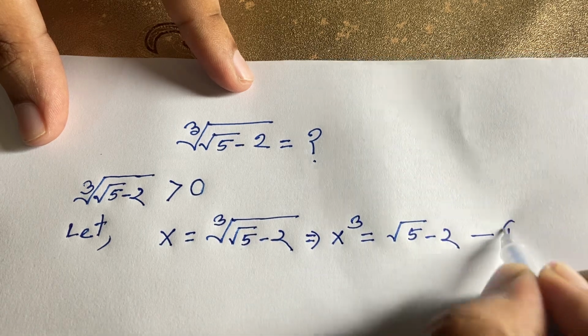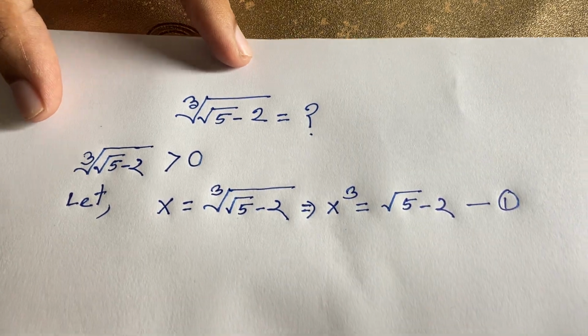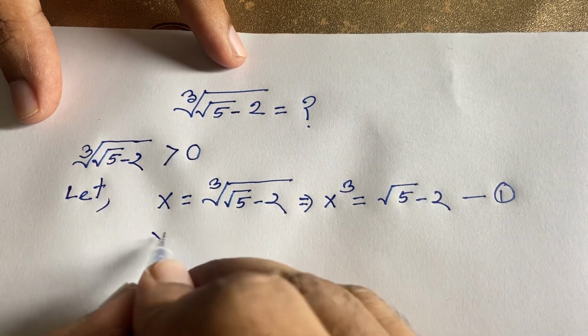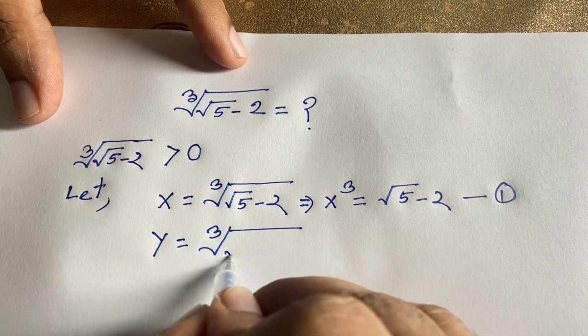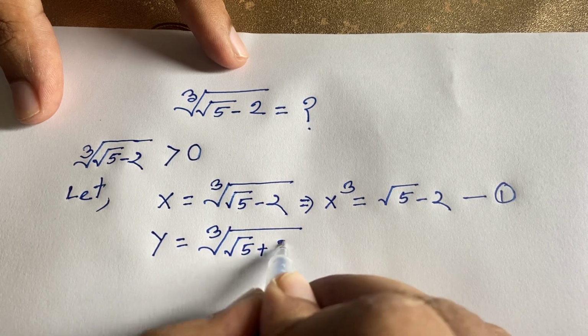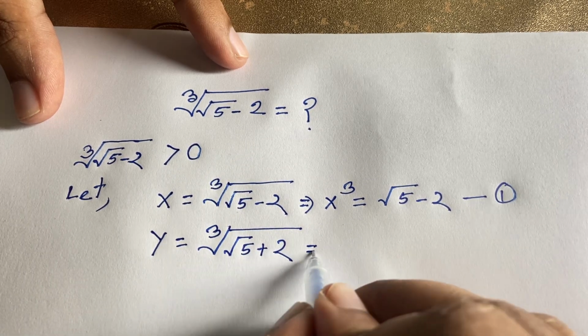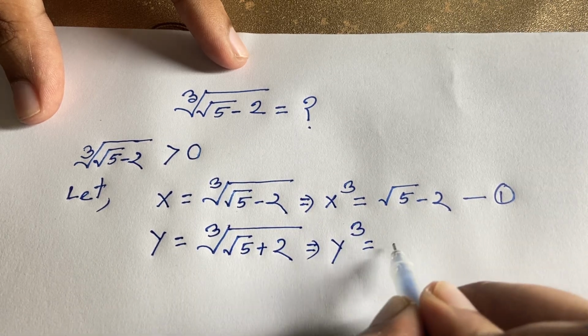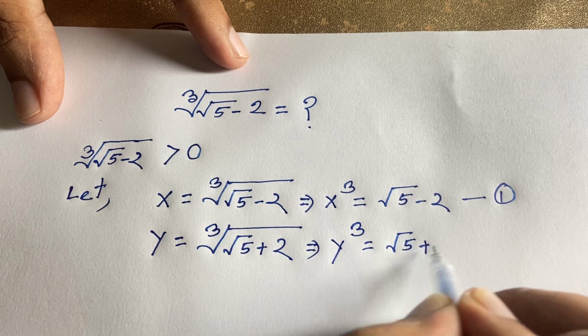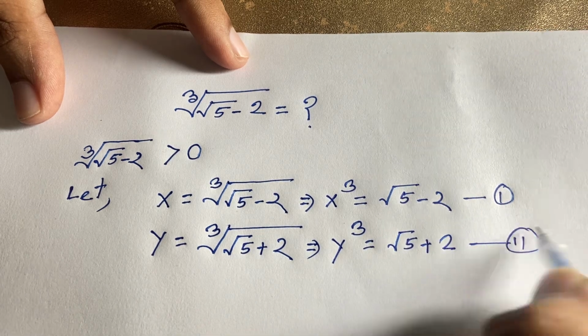This is our first equation. And again we'll let y equal the cube root of square root 5 plus 2. Then if I cube both sides, y cubed is equal to square root 5 plus 2. This is our second equation.